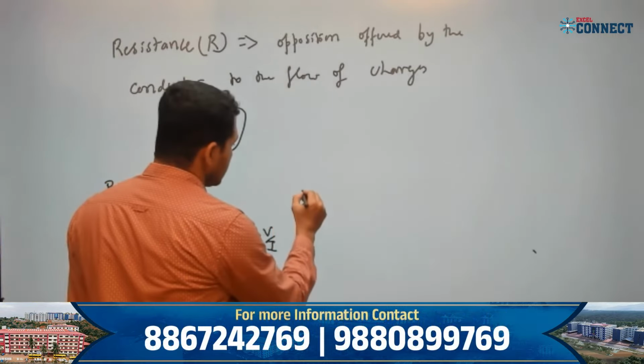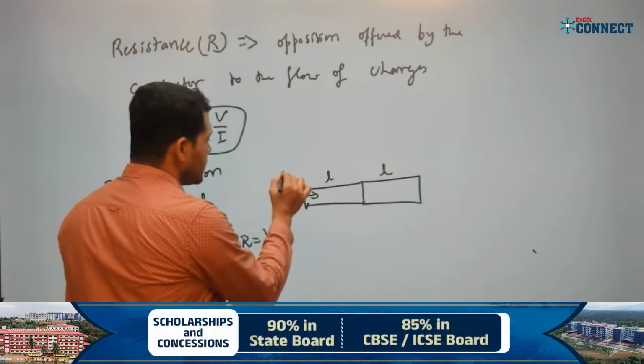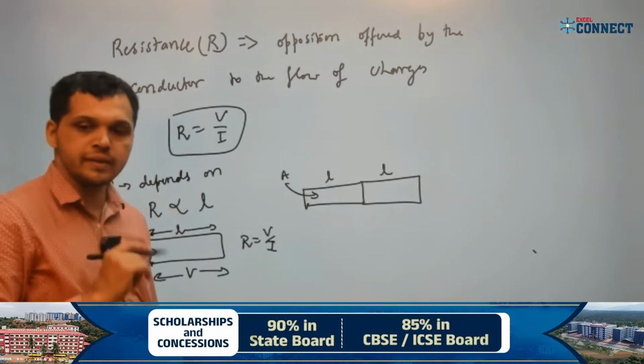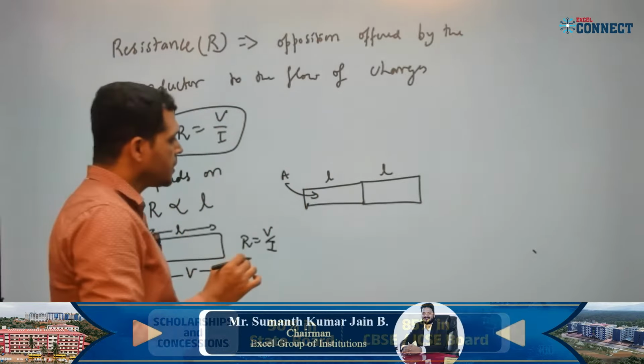As length becomes twice, the area remains the same here, no change in area. And the potential difference, first conductor is V, second conductor is V. What is the total potential difference now? It is in series combination, so V and V, total potential difference becomes 2V.